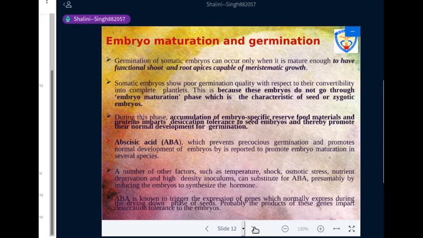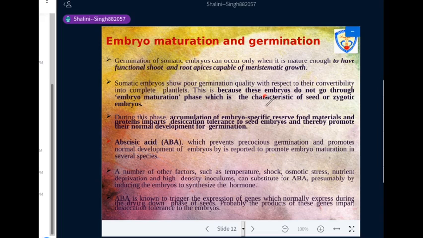Embryo maturation and germination. Germination of somatic embryos can occur only when they are mature enough to have functional shoot and root apices which are capable of meristematic growth. Somatic embryos show poor germination quality with respect to their convertibility into complete plantlets.